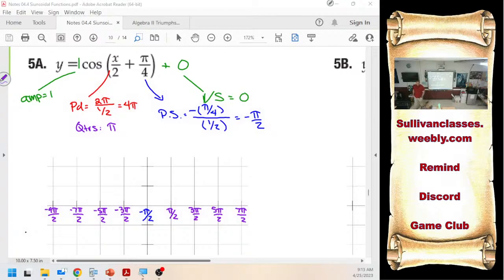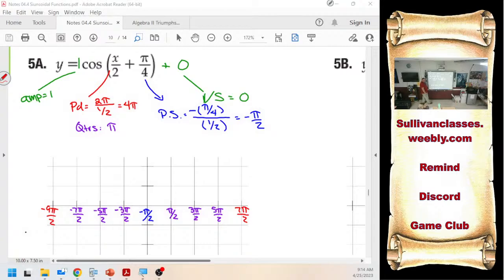Seven pi over 2. Isn't negative 1/2 plus 1 a half? Plus 1 is 3 halves. Plus 1 is 5 halves. Why did you decide to do... You just changed the color?